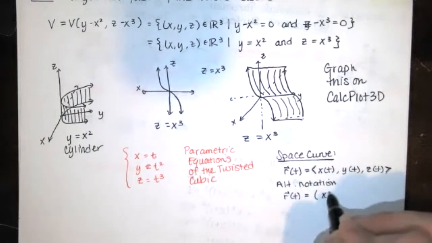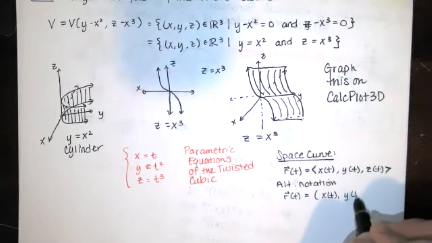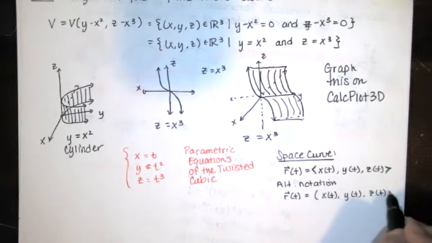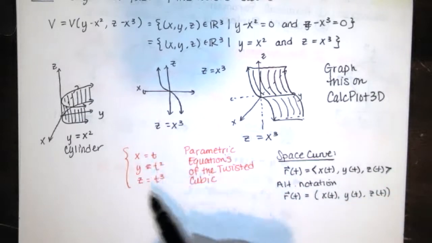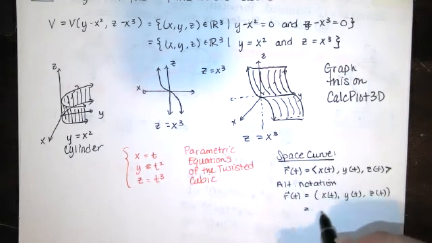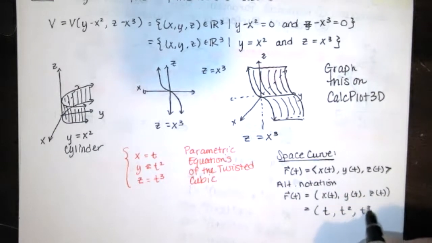It looks more like a point: x of t, y of t, z of t. We use parentheses, a parenthesis on each side. That is the notation that is used by the authors of the algebraic geometry textbook that we're working through right now. So if we want to graph this, we're thinking of r of t as being given by parametric equations t, t squared, and t cubed.